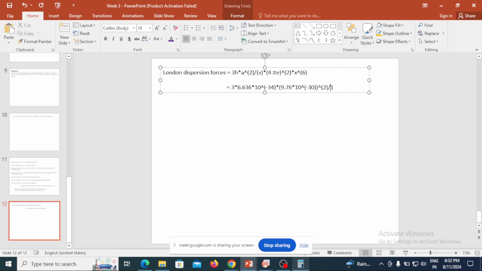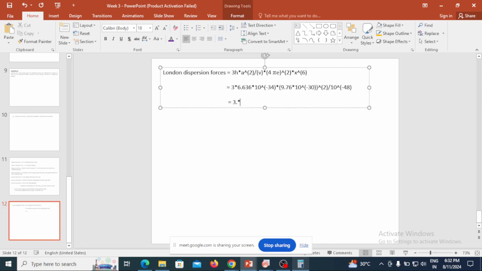So that will be 10 to the power minus 48. So let's just do the multiplication.